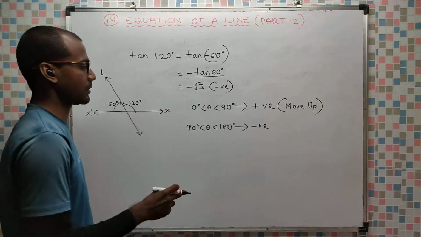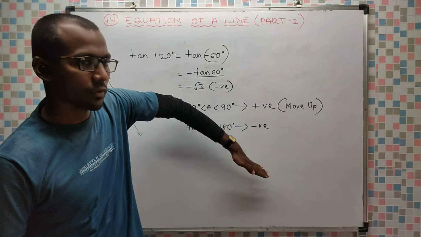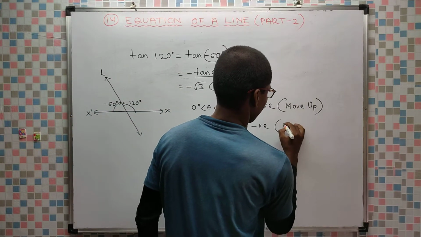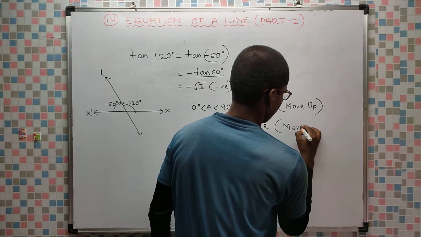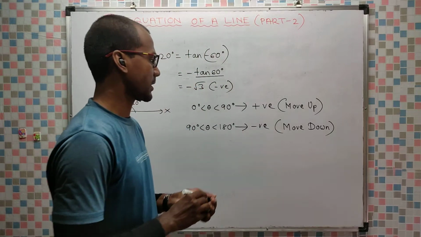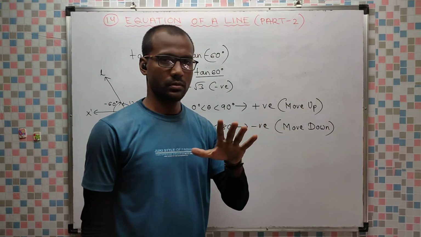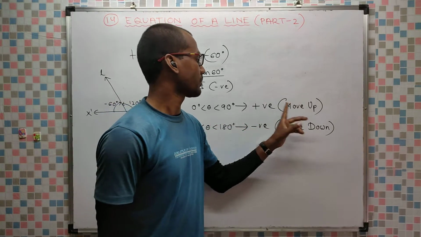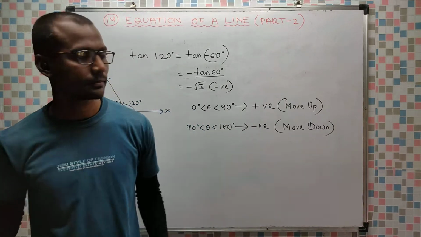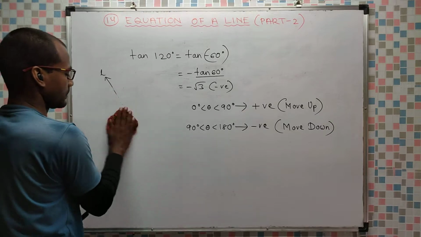One example I have taken, slope is negative. Then the line would be like this, move down. Remember this, positive then move up, negative then move down. Conversely, move up then positive, move down then negative. So this is called gradient or slope of a line.